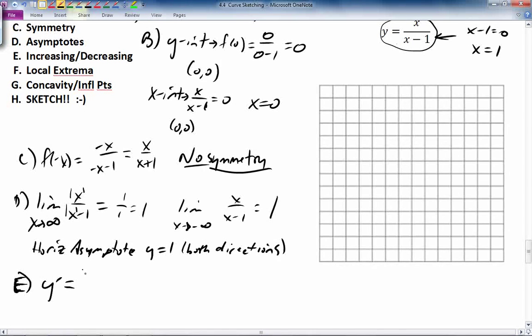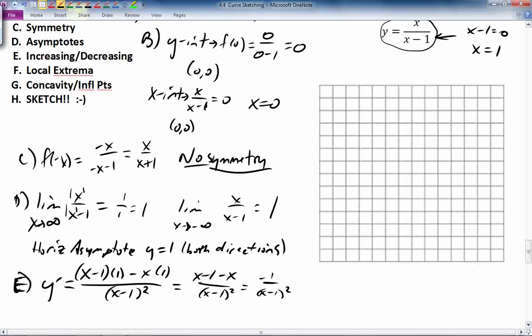We need to use the quotient rule, the most obvious option, to differentiate. So the denominator times the derivative of the numerator minus the numerator times the derivative of the denominator, over the denominator squared. When we simplify that, we get negative 1 over x minus 1 squared, because the x's on the top cancel each other out.